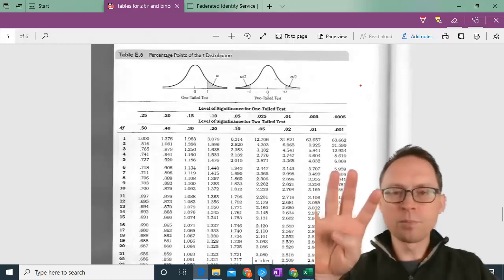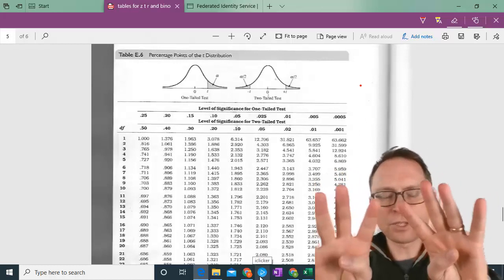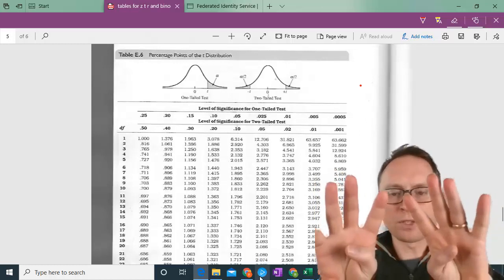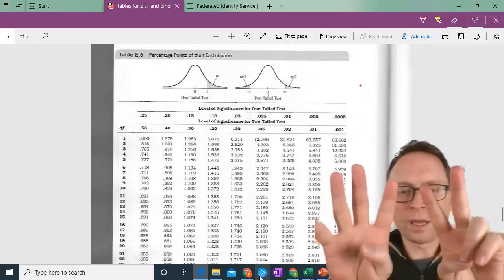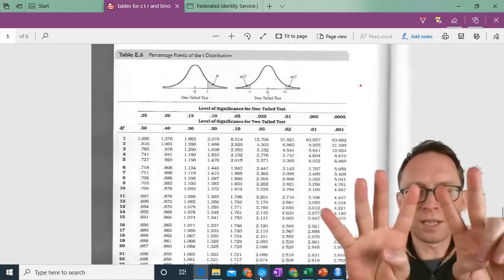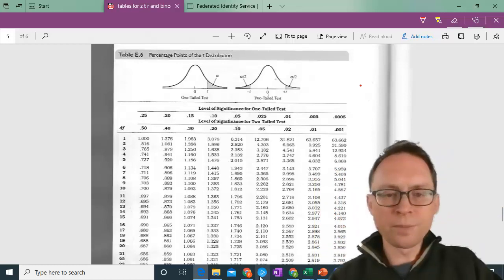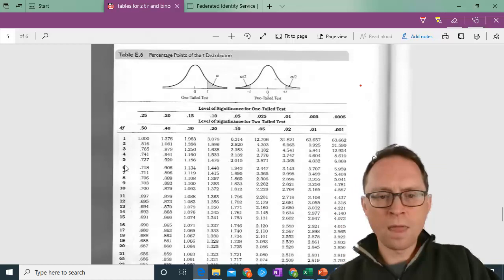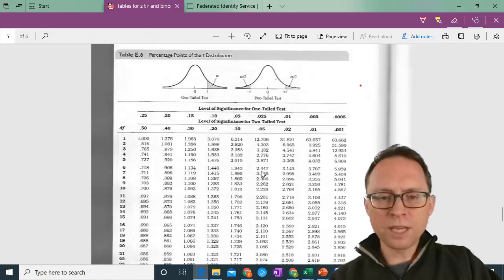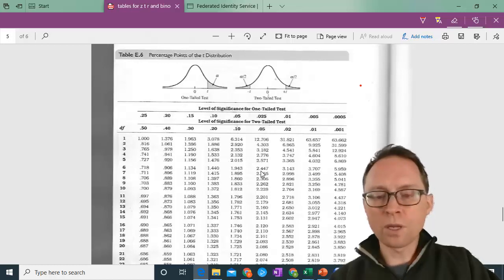So 4 boomers, 4 millennials. That's 8 total. And then we minus 2. So 8 minus 2 is 6. Our degrees of freedom is 6. Okay? If alpha equals 0.05 on a two-tailed test, then our critical value is 2.447.